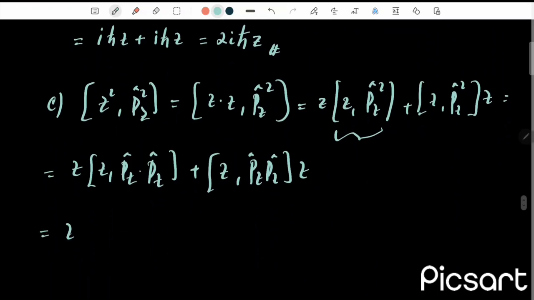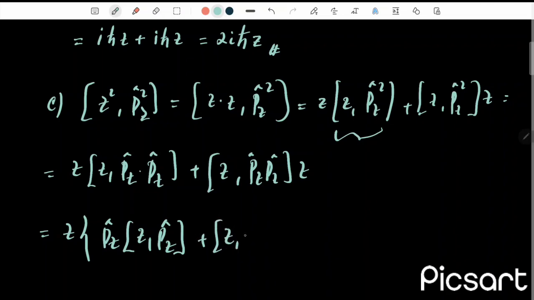And now we have z times pz times z pz here, plus z pz times pz, plus the second term.